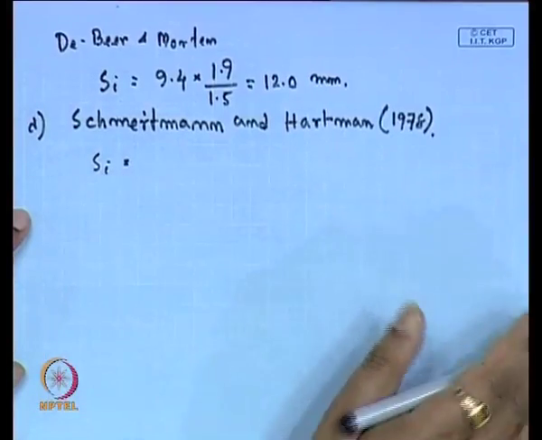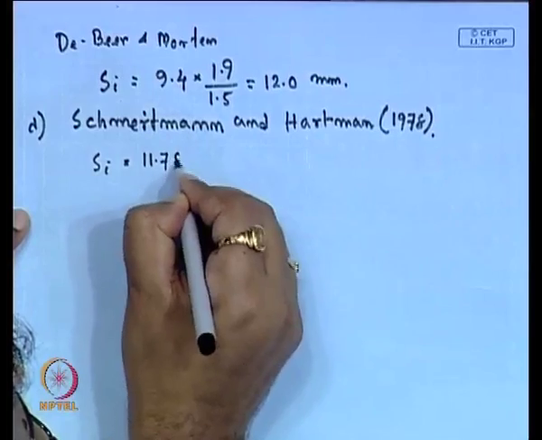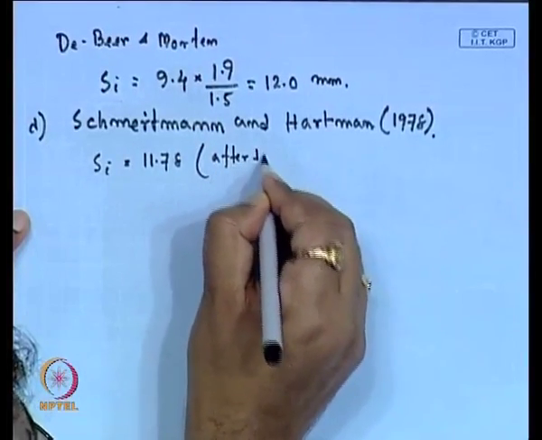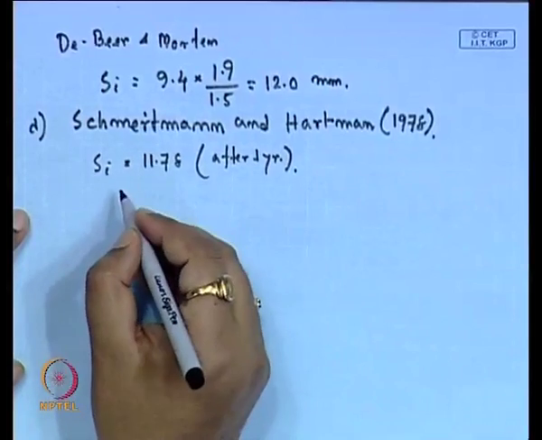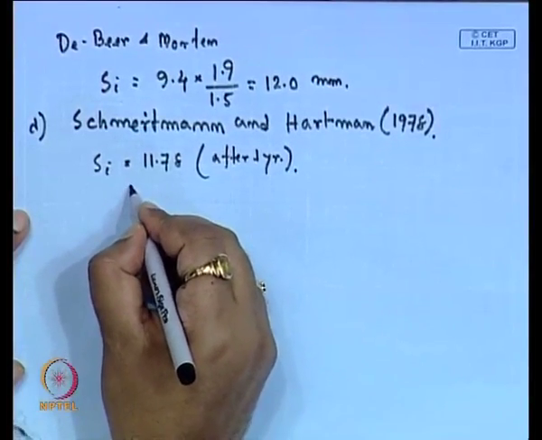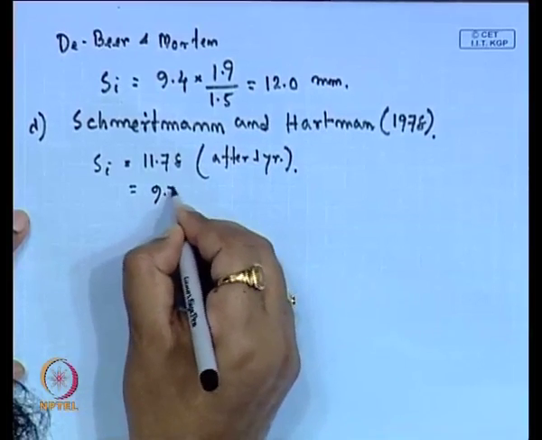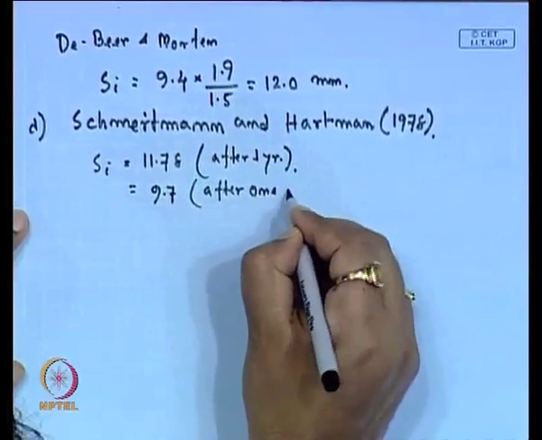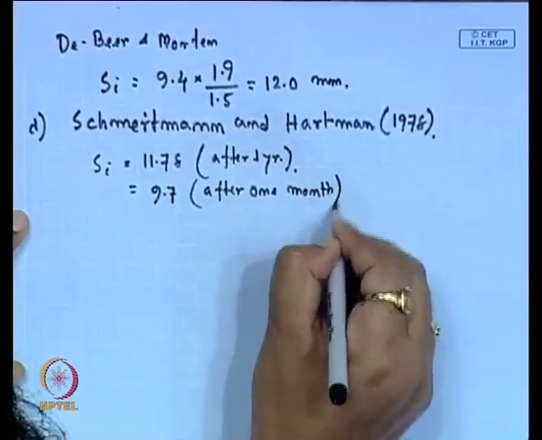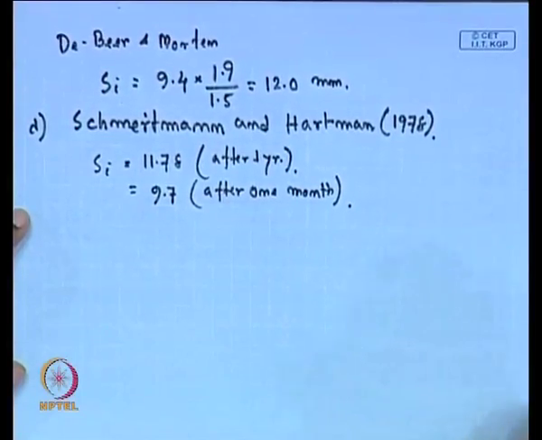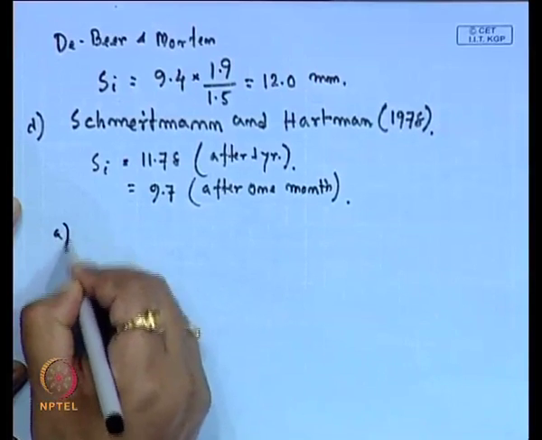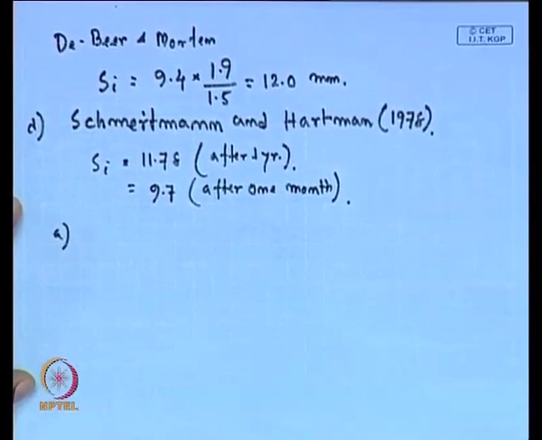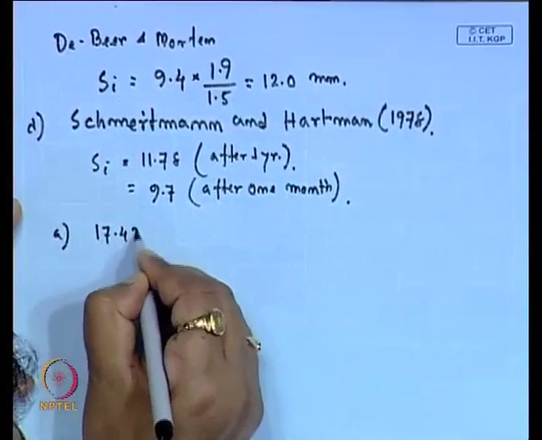So, this value of S I is coming out to be 11.78 millimeter after 1 year, and this is coming 9.7 millimeter after 1 month. Now, if I compare the values: for the elastic method, method 1, the value is 17.42 millimeter.